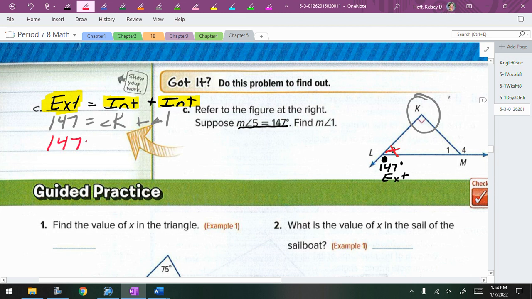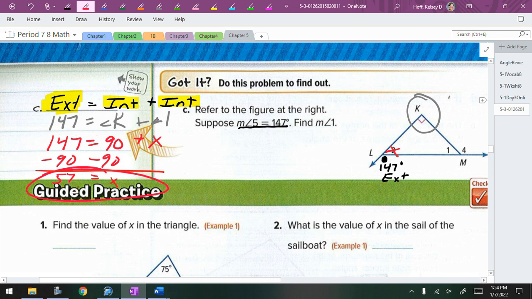So 147 equals 90 plus, are you good if we call angle 1 X? Because that's what we don't know. How do I solve for X? Minus 90. X equals 57. Now, Zach's going, that is what I said in the beginning.